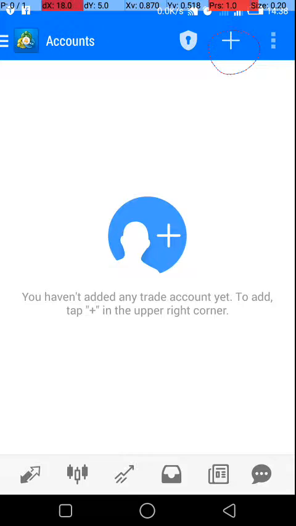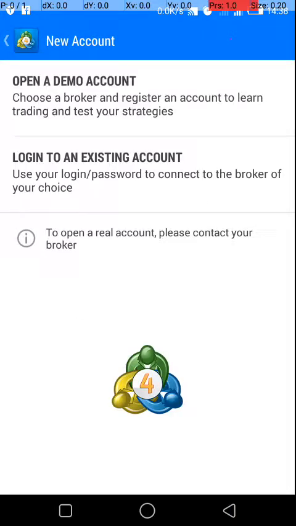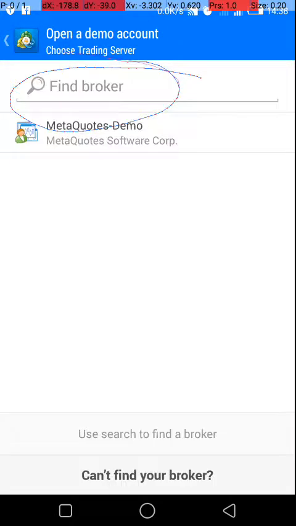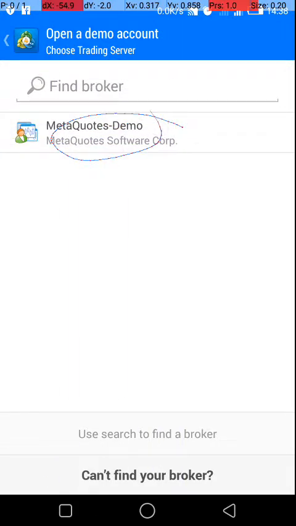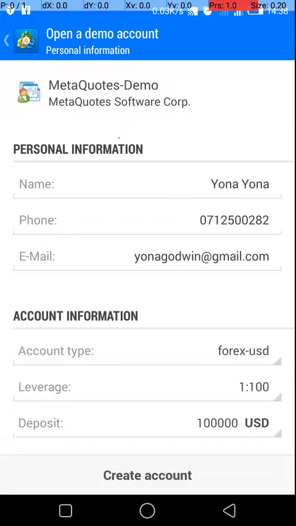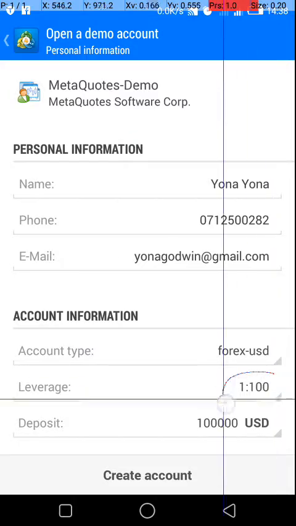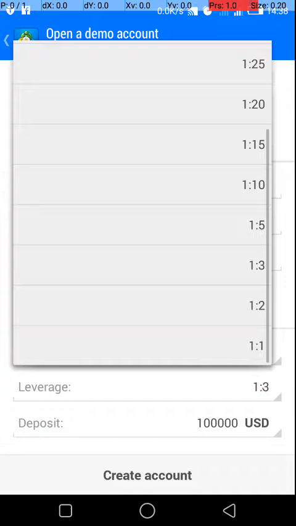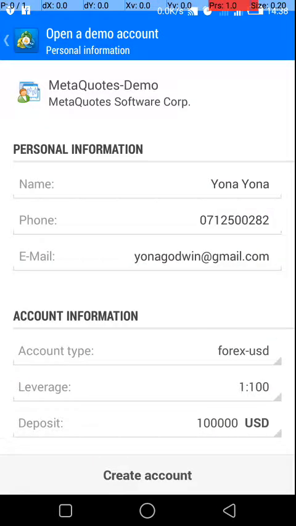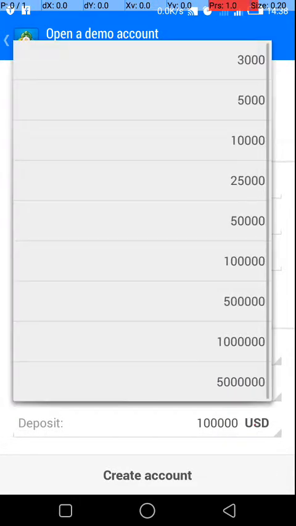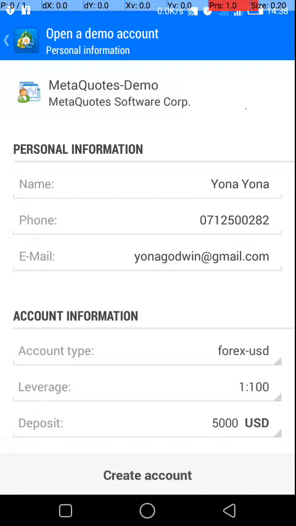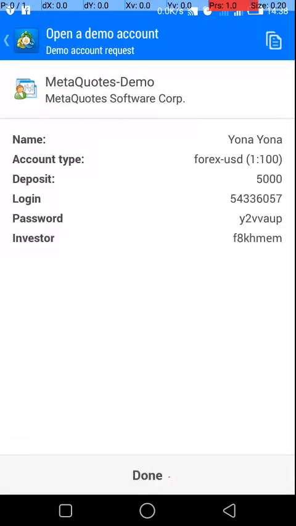Open, you can tap it, then you can go to open demo account, then go to MetaQuotes demo. Now as you can see, you can fill in the information that you want. The demo account upper leverage is 1:100, and then you can set the balance to any amount you want, and then create account.